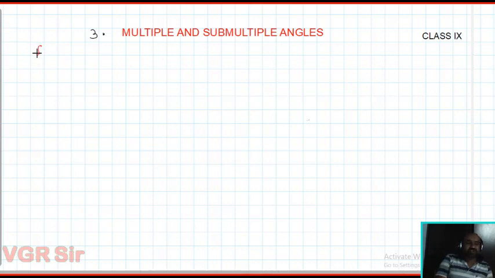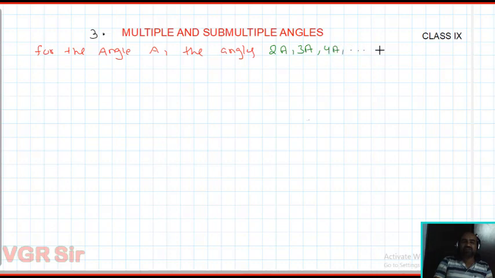For the angle A, the angles 2A, 3A, 4A are called multiple angles.